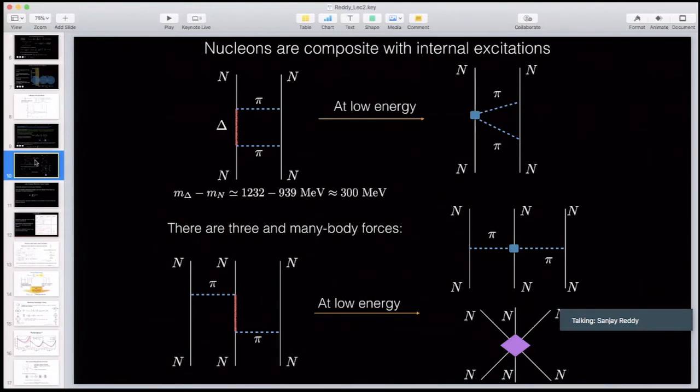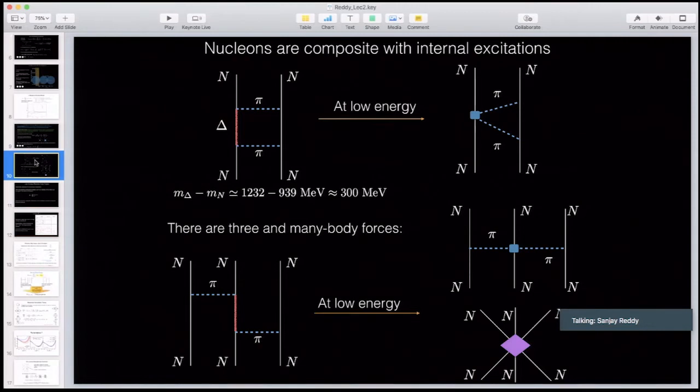So in the bottom, you see, for example, that you have three nucleons. The three nucleons can exchange pions. And in general, you could have thought about the exchange between a pion between any pair of nucleons as a sequential process. So that would just be a two-body interaction between three particles, and that's not new.